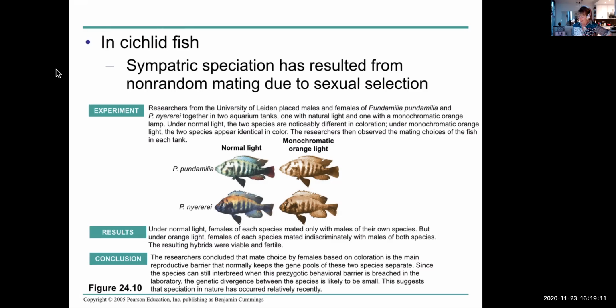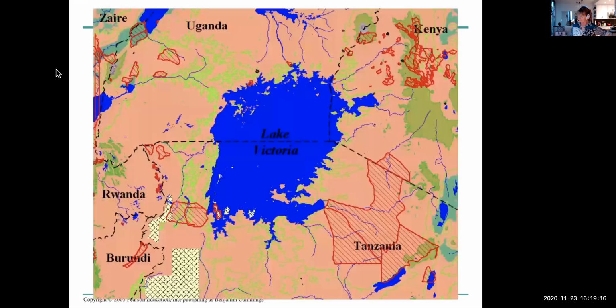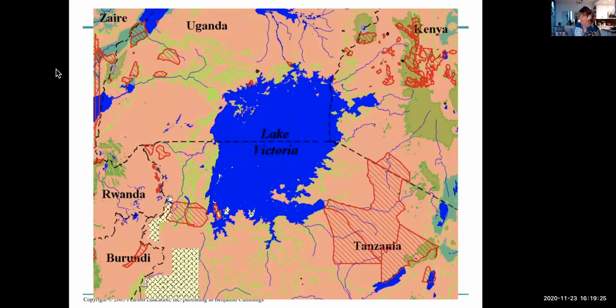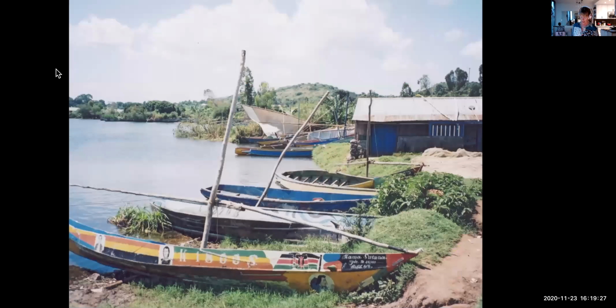Very interesting. This is Lake Victoria. It's quite an enormous lake. But there's a lot of studies in Lake Victoria, so it's worth looking into if you're interested in speciation. So since it dried repeatedly, I think there are now 600 or more different species that all arose from one originally.